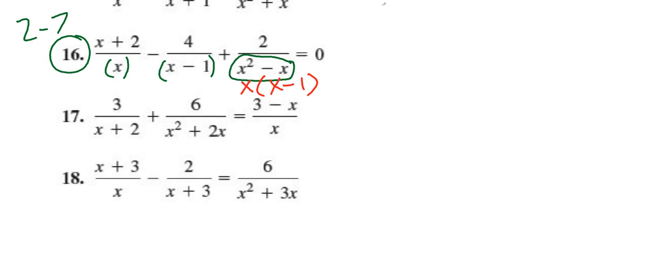Okay, so let's see here. If I factored out the x, what is this denominator missing that the other ones have? How about an x? If you multiply it to the bottom, you must also multiply it to the top.